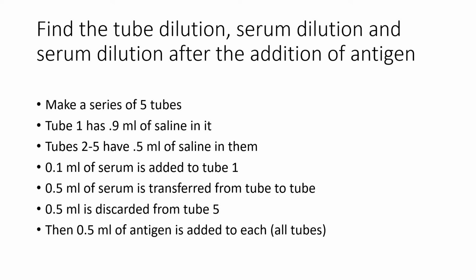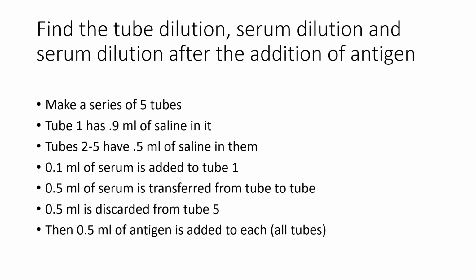If I tell you to get a series of 5 tubes and take tube 1 and add 0.9 mL of saline to it, and tubes 2 through 5 have 0.5 mL of saline in them, and then we add 0.1 mL of serum to tube 1, and then transfer 0.5 mL of serum from tube to tube and discard 0.5 mL from tube 5. That doesn't change the concentration, only the volume, okay? But for continuity, we're going to discard that 0.5 mL out of the last tube. Then we're going to go back and add 0.5 mL of antigen to each tube.